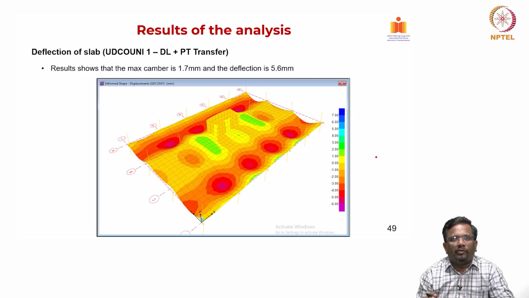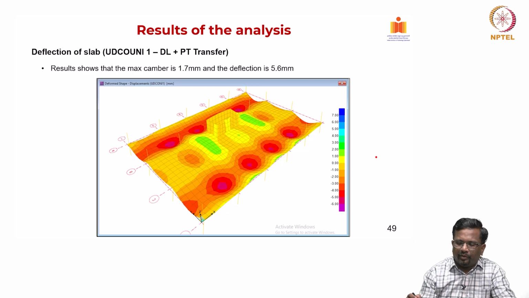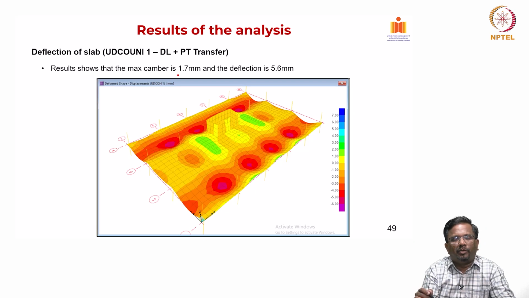Here also you can give the limits, and the software can tell you how many prestressing cables are required. For this particular example, I gave that 90% of the dead load has to be balanced, similar to what we did.